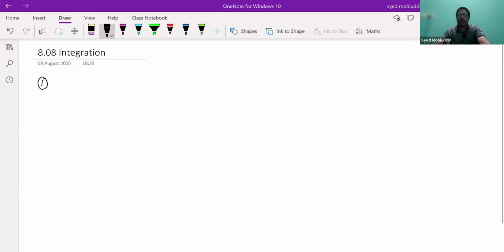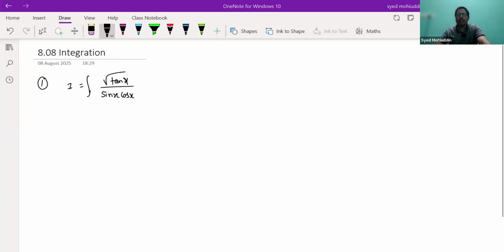If you want to evaluate this one, integral of root of tan x divided by sin x into cos x dx.